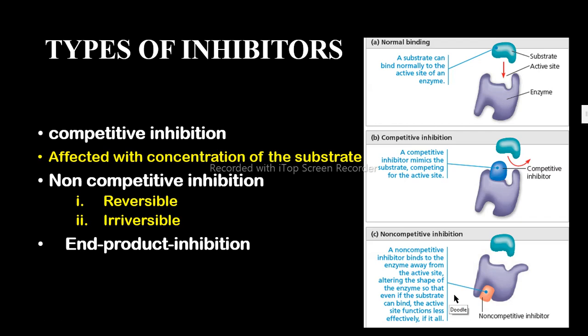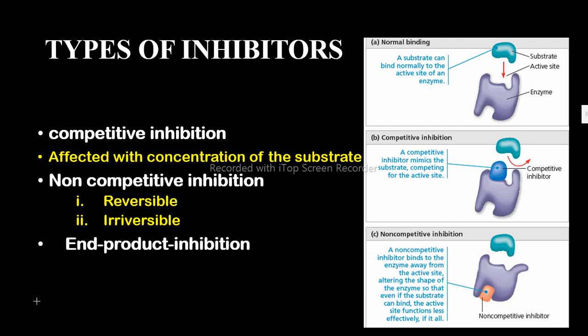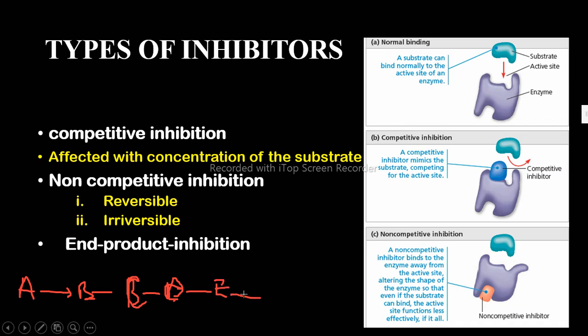For instance, if you have a given process that occurs in different steps, whereby A is converted to B and B is converted to C, then C is converted to D and D is converted to E, and finally you form your end product as F, for instance.